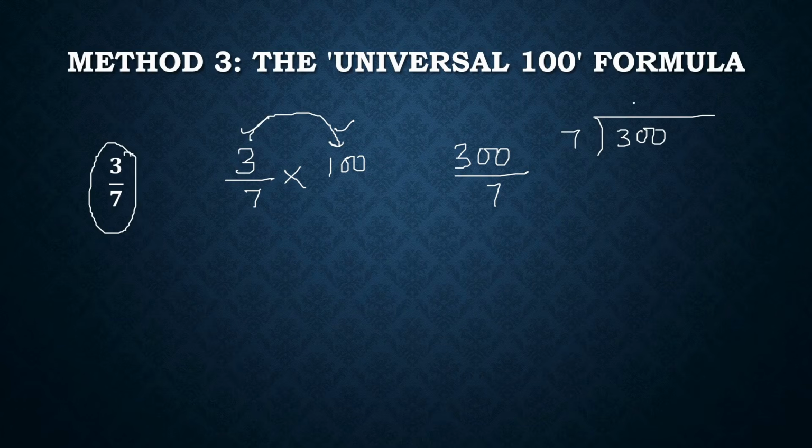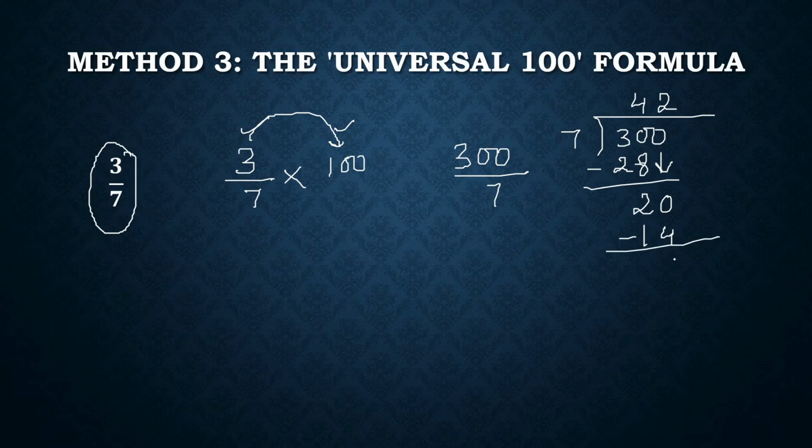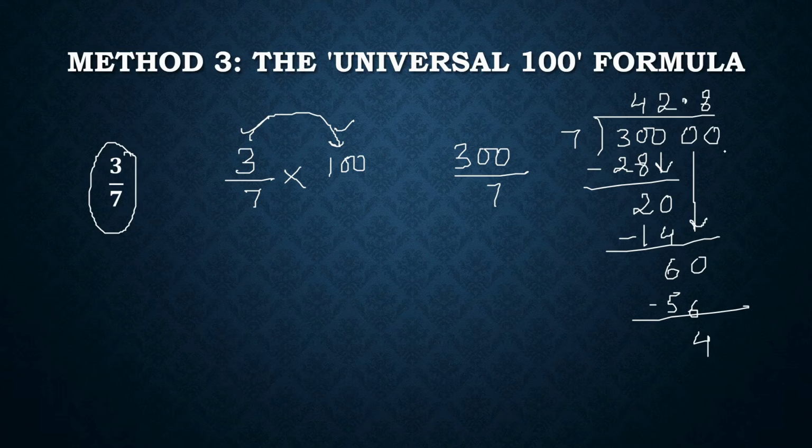So 7 times 4 is 28. We subtract, 20. Then 7 times 2 is 14. We subtract, we get 6. We'll add a 0. It becomes 60. We add a decimal point over here. 7 times 8 is 56. We subtract, we get 4. And then it becomes 40.